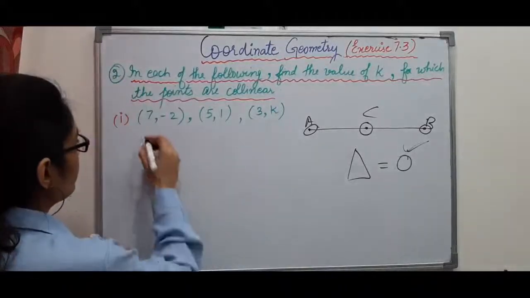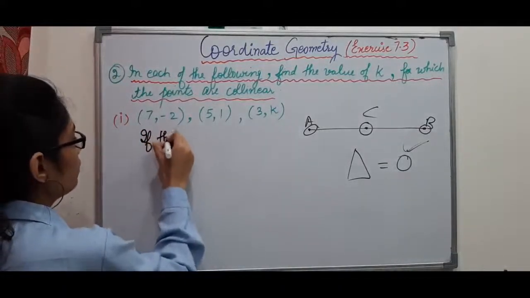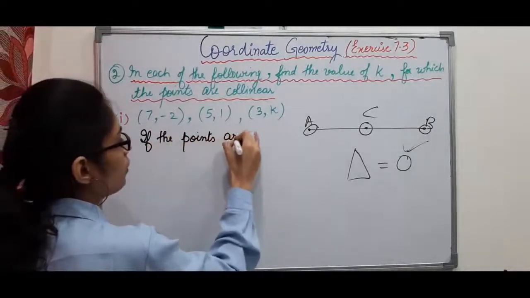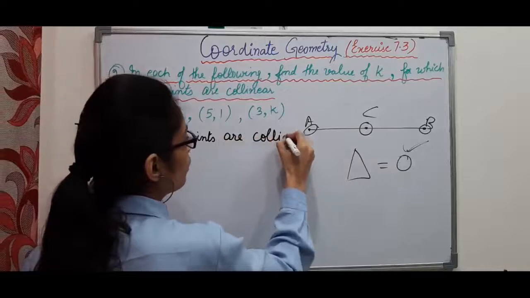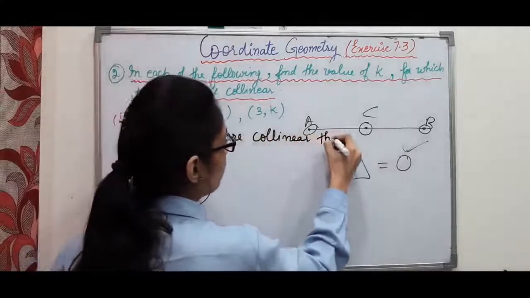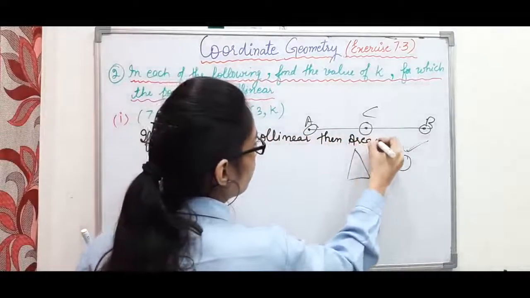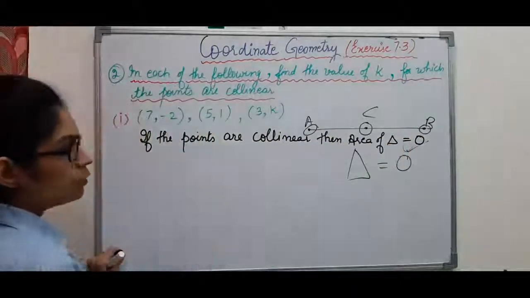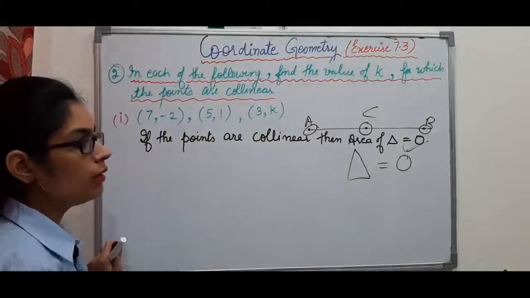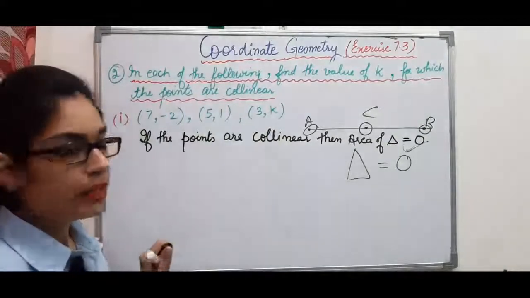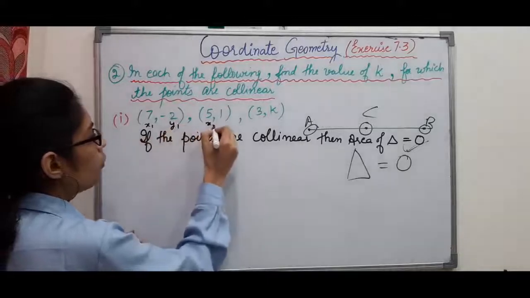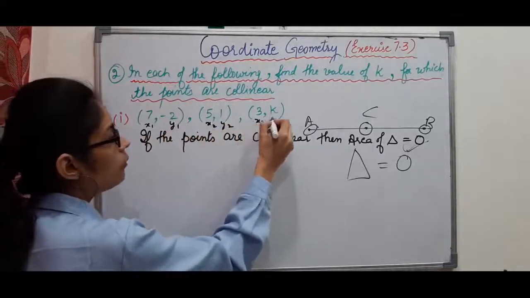So we will write, if the points are collinear, then area of triangle will be equal to 0. Here also we'll use the formula of area of triangle. I will mark these points as x1 y1, x2 y2 and x3 y3.